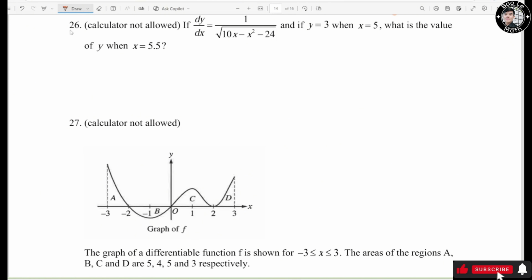Now let's move on to question 26. If dy over ds equals this expression, y of 5 equals 3, what is the value of y at s equals 5.5? Again, we're going to use the fundamental theorem of calculus. So we have y of 5.5 equals y of 5 plus the integral from 5 to 5.5 of this expression.